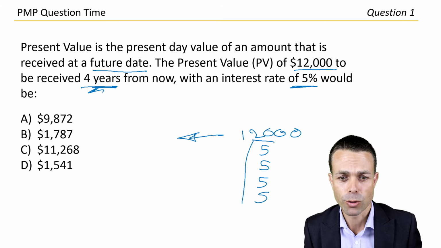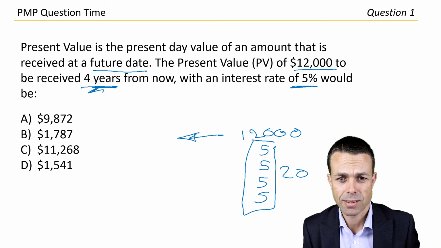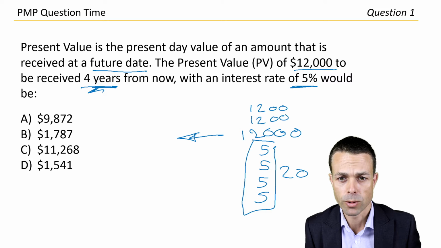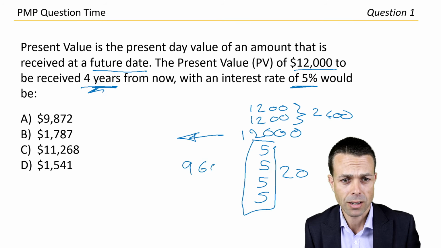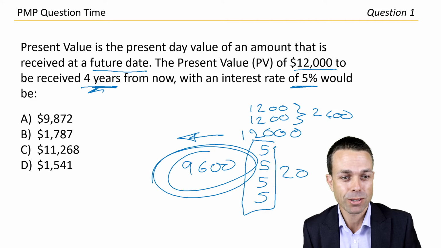So I'm going to go 20% roughly of 12,000. 10% is 1,200, so another 10% might be 2,400 in total. So 12,000 minus 2,400 roughly is 9,600 roughly. Okay, so that's a very dodgy calculation, but it gives us a rough idea of where to look.